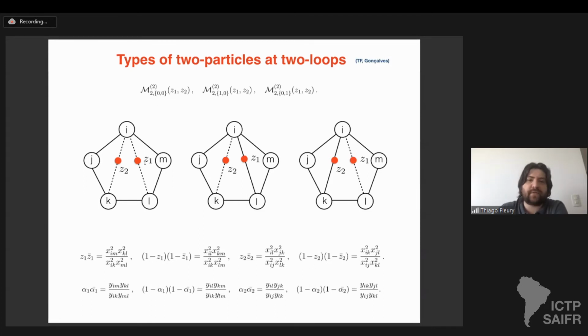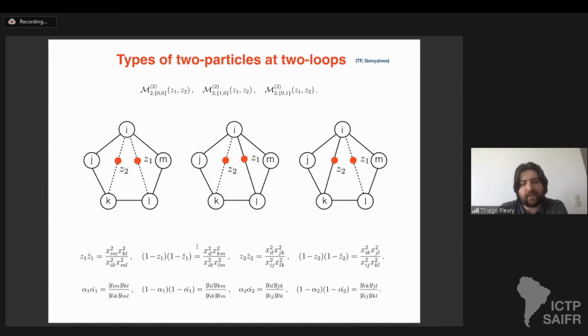So here you have 0, 0, you have this object here. 1, 0, you have this object here, and 0, 1, you have this object here. So at two loops, these are the only two-particle contributions that appear if you want to compute the simplest five-point function. The cross ratios are defined here.